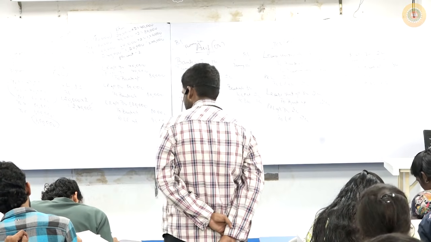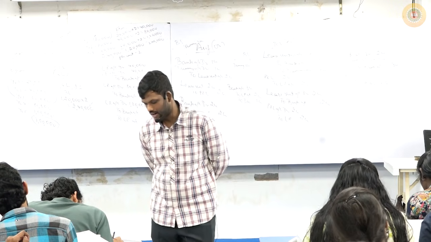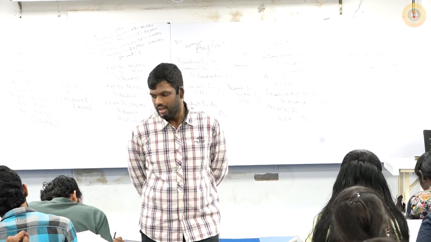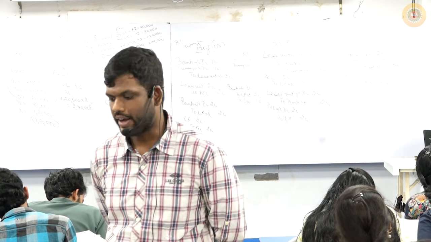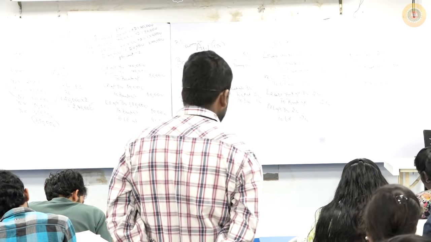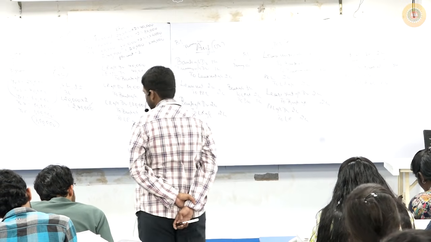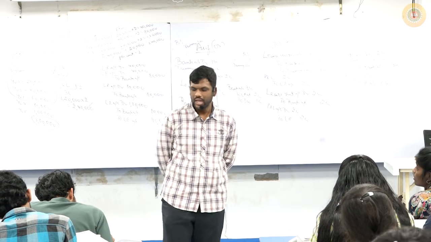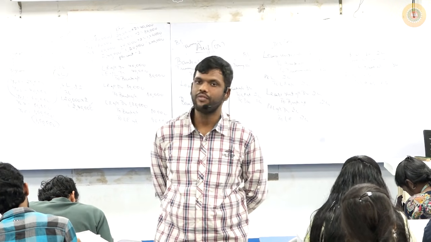So 1,50,000 into 0.65, 97,500. This is for 1 year or 3 years, sir? So how will you find out annual rent? 97,500 divided by 3, 32,500 will be the annual lease rent. Annual lease rent is 32,500.